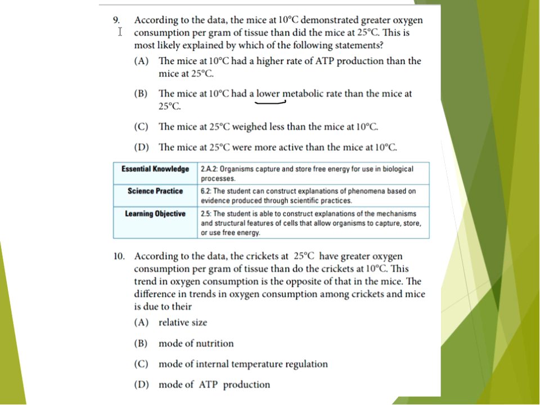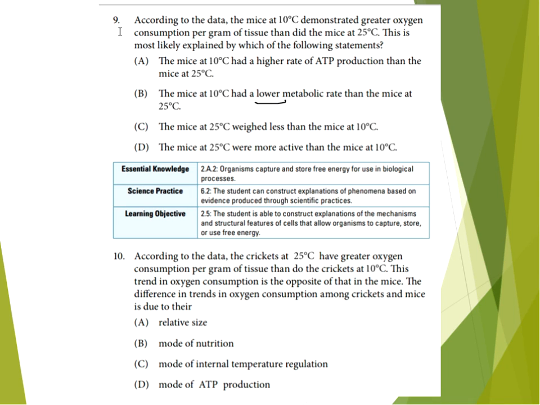C, the mice at 25 degrees Celsius weighed less than the mice at 10 degrees Celsius. That's not really going to play a role in their oxygen consumption. So I don't think that would be a pertinent answer. And then D, the mice at 25 degrees Celsius were more active than the mice at 10 degrees Celsius.